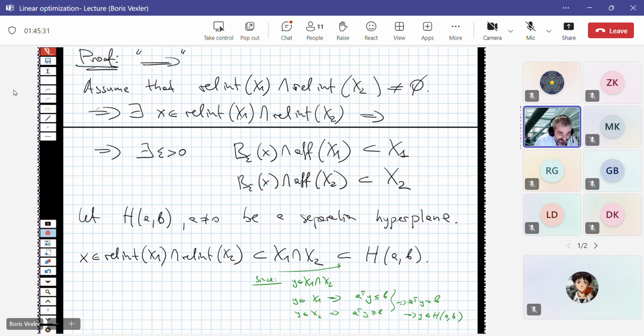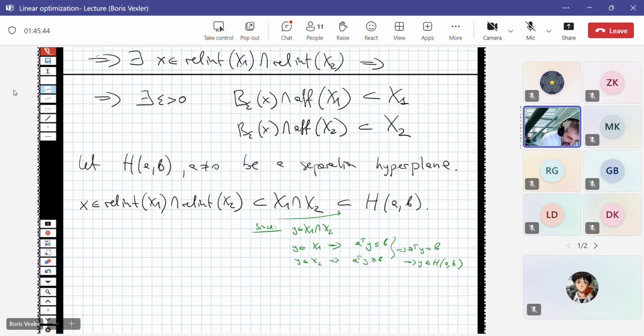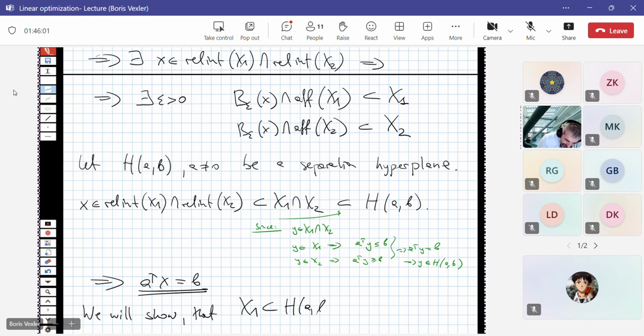Okay. What does it mean? It means that our x, which we have taken as an element in this intersection, is, of course, in the hyperplane. And therefore, what we know is that a transpose x is equal to b. Okay, first thing we know. What we will show now is that actually x1 is a subset of H_{a,b}, and also x2 is a subset of H_{a,b}.